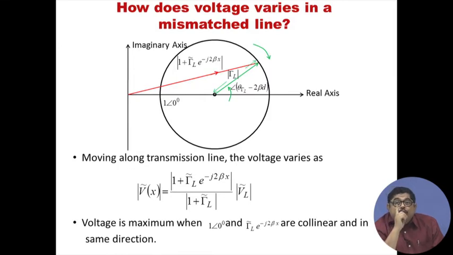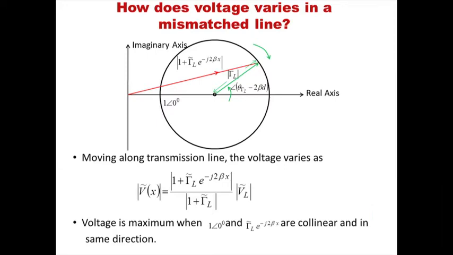But what is invariant? The invariant quantity is VSWR. It depends on the mismatch at the load. The voltage will change, but Vmax by Vmin, this ratio, VSWR, is invariant. If I move along the line, VSWR does not change. That is why, if we can measure it, we can find out what the load is.